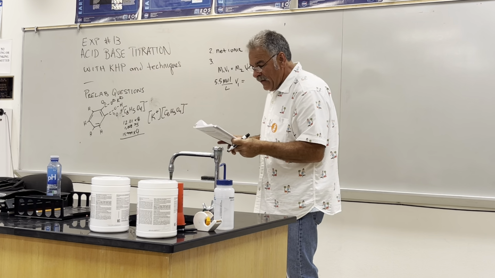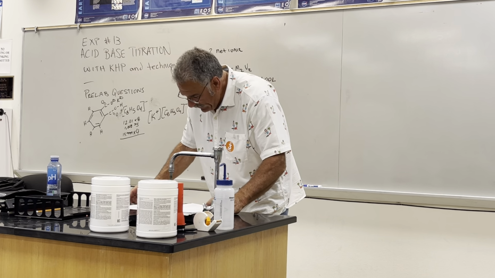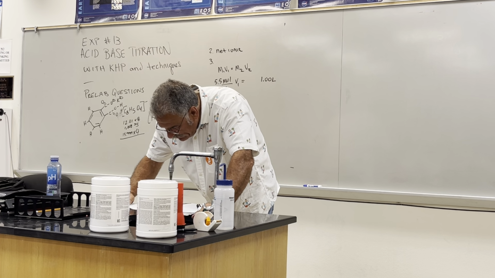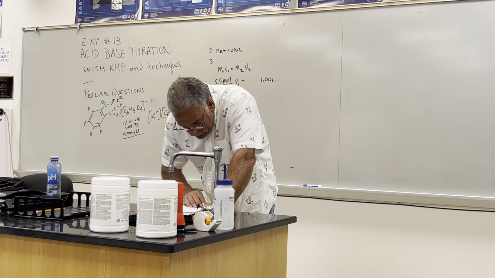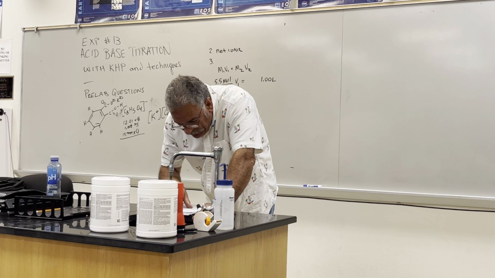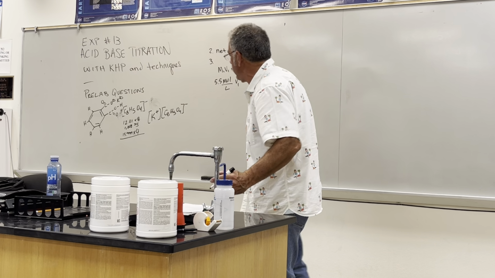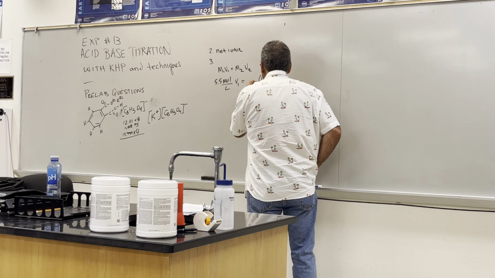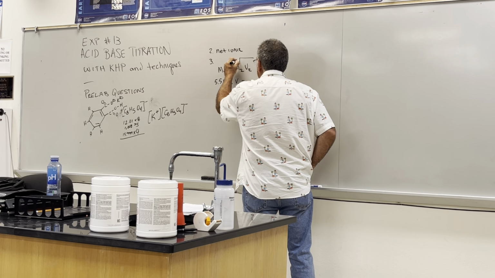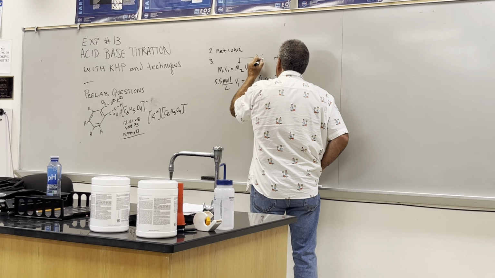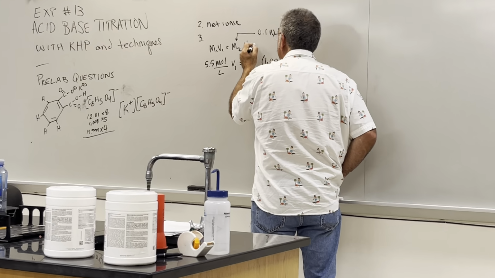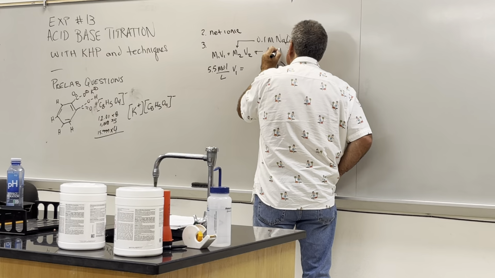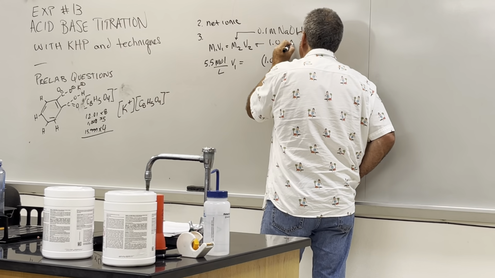And then we want to know what we're going to use in this experiment. And does it tell us? Sodium hydroxide, 0.1 molar. So M2, 0.1 molar NaOH. Volume 2 is 1 liter NaOH.